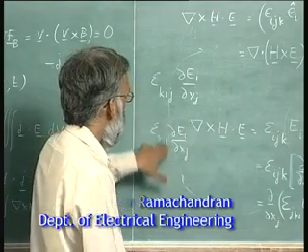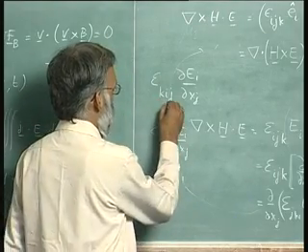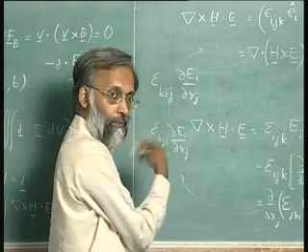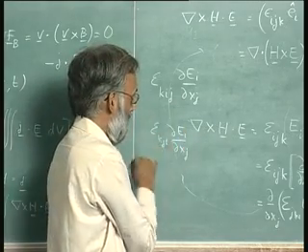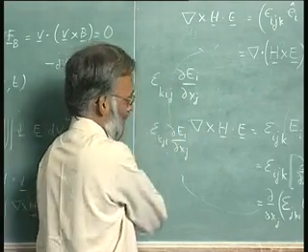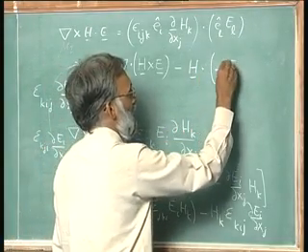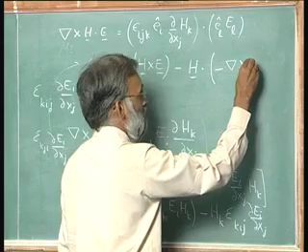But again I know that if this is 1 2 3, this is 1 3 2, which means it flips the cyclic anticyclic. So, this is minus of this. So, minus curl of E.